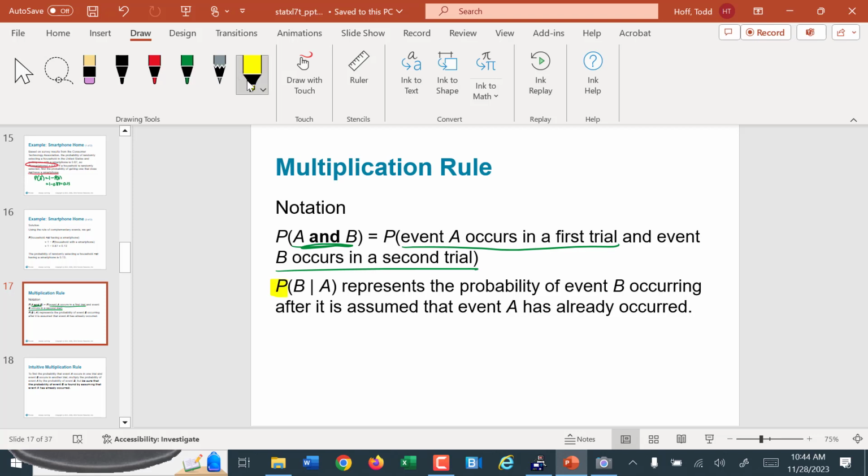Some notation now, probability of B given A, that vertical slash there is a conditional indicator. It's pronounced given. So it's saying the probability that B occurs given that we know A already occurred. So it was the probability of B occurring assuming that A has already happened.